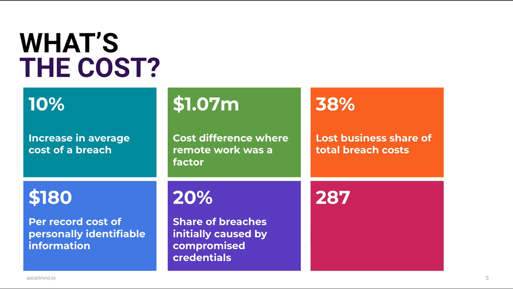Now, our last number here is the average number of days to identify and contain a data breach. And this one is really, really important because once a breach happens, the clock starts ticking, and for every tick on that clock, there is a cost in a lot of different ways.